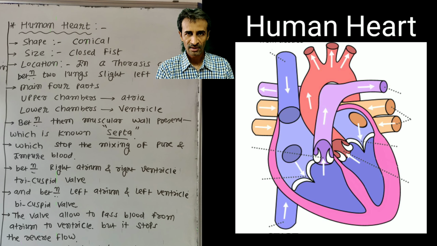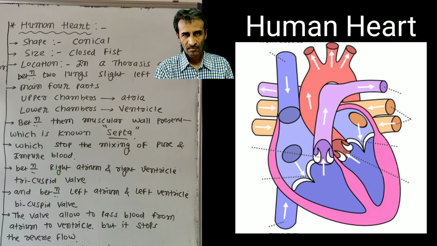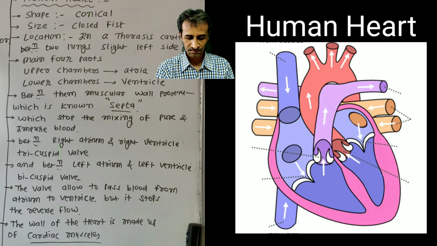The functions of the valves: these valves allow the blood from atrium to ventricle, but they stop the reverse flow. And all the walls of the heart are made up of special muscles, the cardiac muscles. They do their functions the whole lifetime without tiredness.